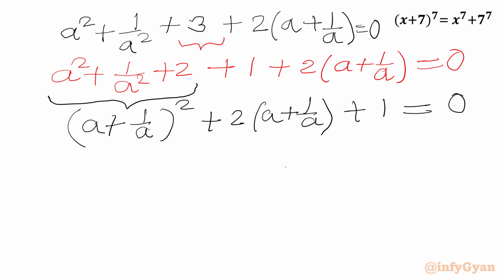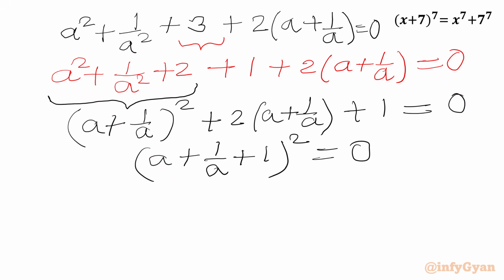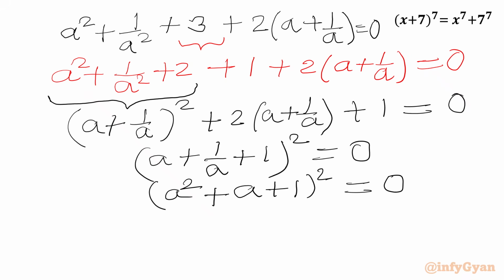If I will consider a plus 1 over a is equal to k, we get k square plus 2k plus 1. So this is k plus 1 whole square. We will write this as a plus 1 over a plus 1 whole square equal to 0. After LCM, we will get a square plus a plus 1 whole square equal to 0.